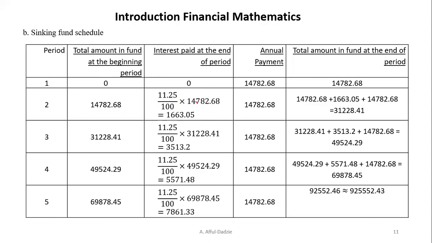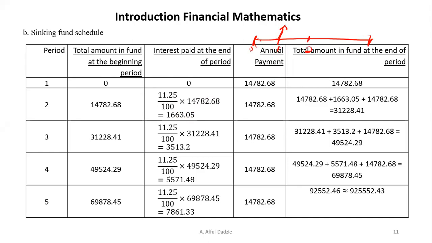So the interest that we have earned is 1,663.05. But bear in mind that at the end of period 2, we must also make another deposit. So think about it again. This is 0, 1. We made our first deposit here.